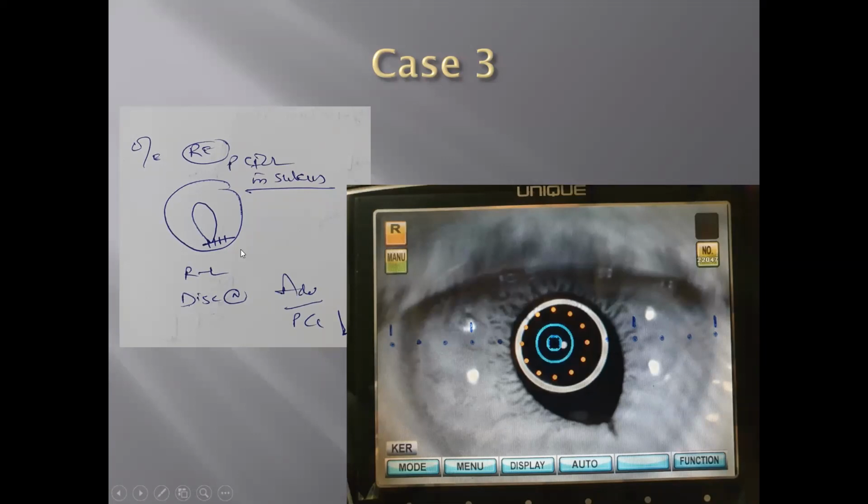So these are matching with each other, and in this case, the foreign body has penetrated from the cornea, injured the sphincter of the pupil at 5 o'clock position, and it has entered and torn the anterior capsule, the posterior capsule, and reached up to the retina.